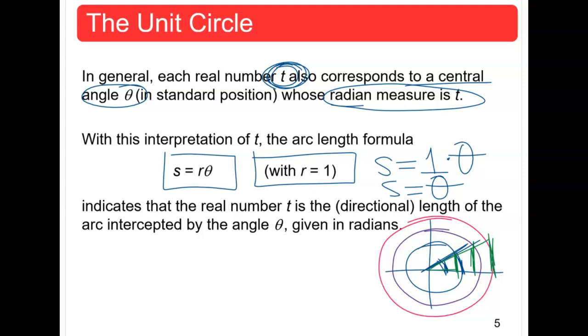So going back to this definition, I will finish reading this slide. It indicates that the real number t is the directional length of the arc intercepted by angle theta, and it's also given in radians. Remember, every time you use this formula, you must have your angle measure in radians.